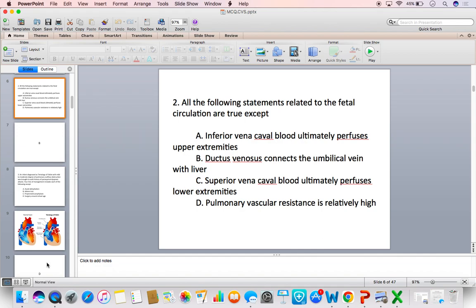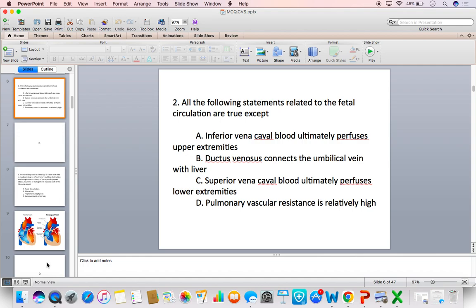The other one, superior vena cava blood ultimately perfuses the lower extremities. Is it a right statement in the fetal circulation? Yes, it is right. Because superior vena cava blood draining the upper extremities empties into the right atrium, which goes directly into the right ventricle. Right ventricle empties into the pulmonary trunk.